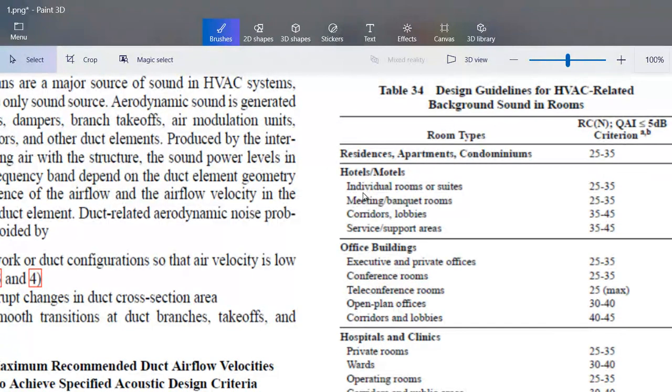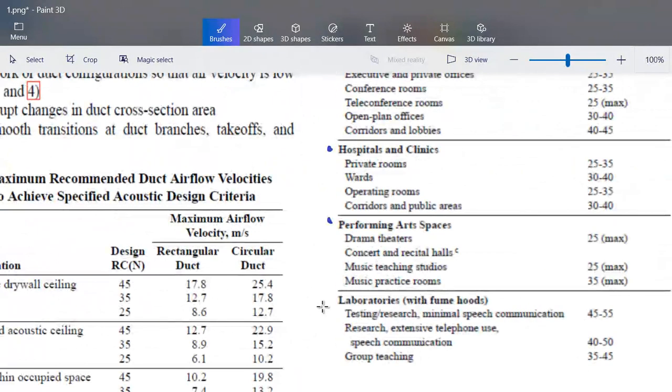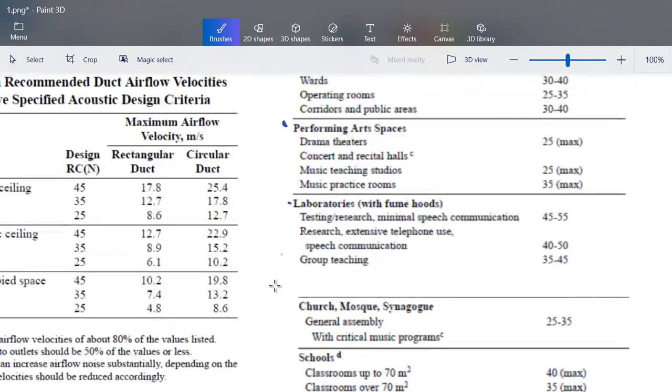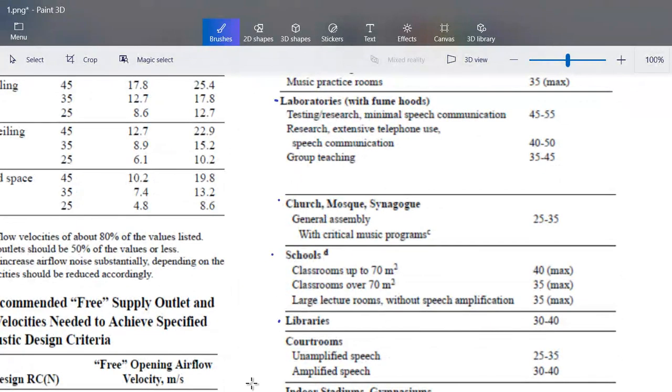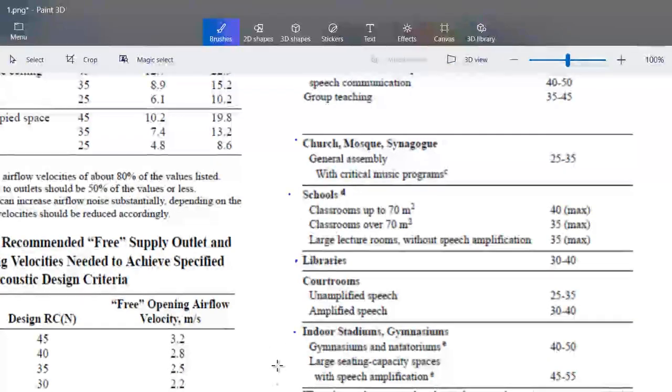So makikita nyo, we have different types of occupancies. So we have your hotel, office buildings, hospitals, clinics, performing arts spaces, laboratories, churches, schools, libraries, indoor stadiums.